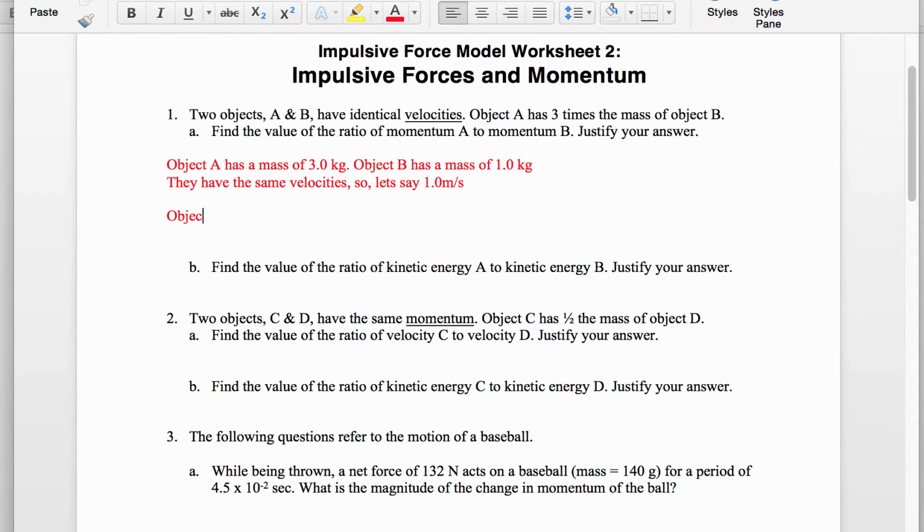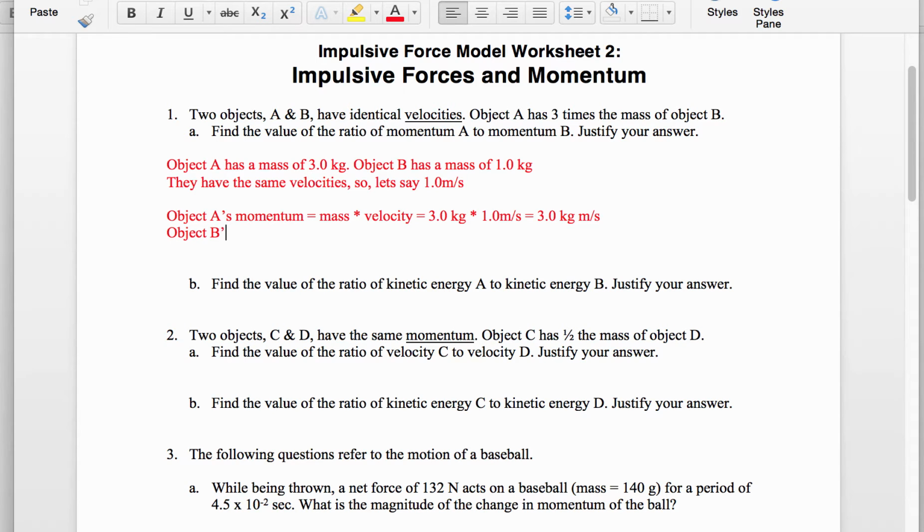So then object A's momentum is, again, momentum is mass times velocity. And what's its mass? 3 kilograms, times its velocity, 1 meter per second. So its momentum is 3 kilogram meters per second.